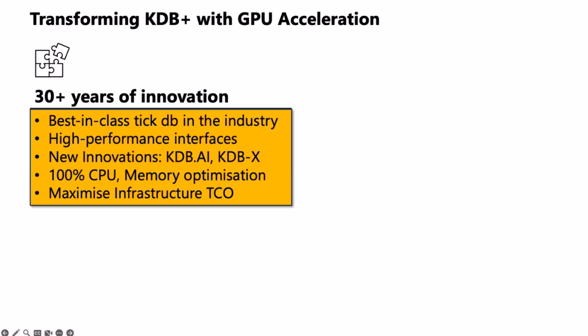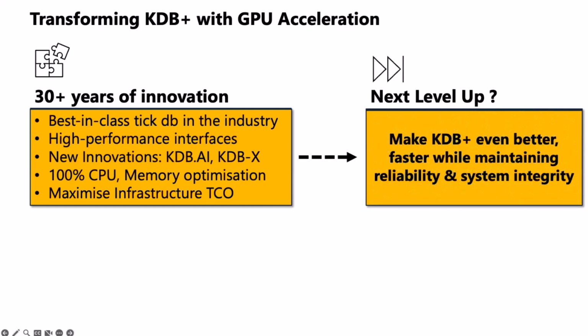So we've kind of pushed the hardware to the max. So the question that the team asked itself is, what can we do to take KDB+ to the next level, while keeping it reliable, maintaining system integrity, and keeping all those facets intact? Can we still take KDB+ to the next level?